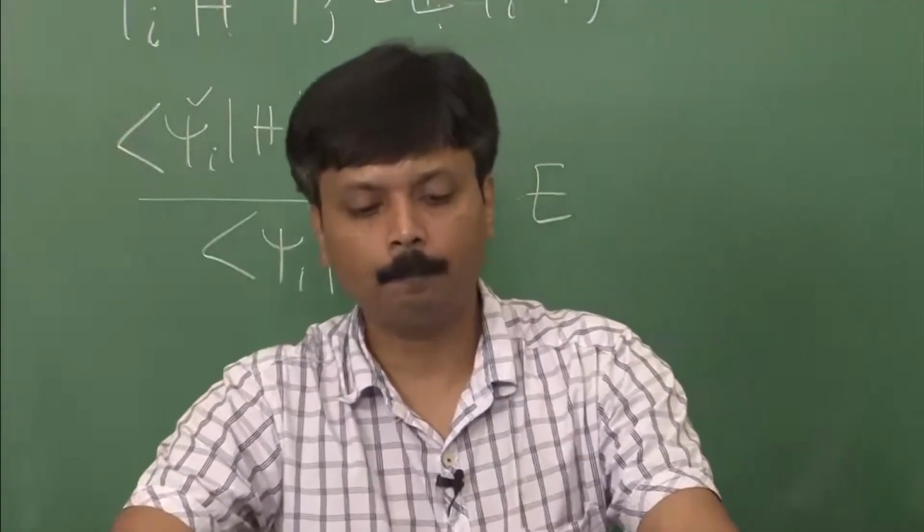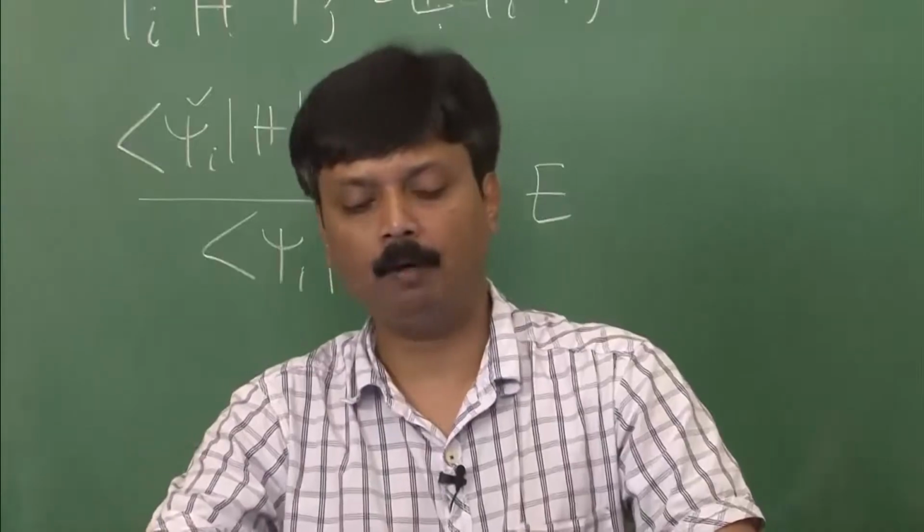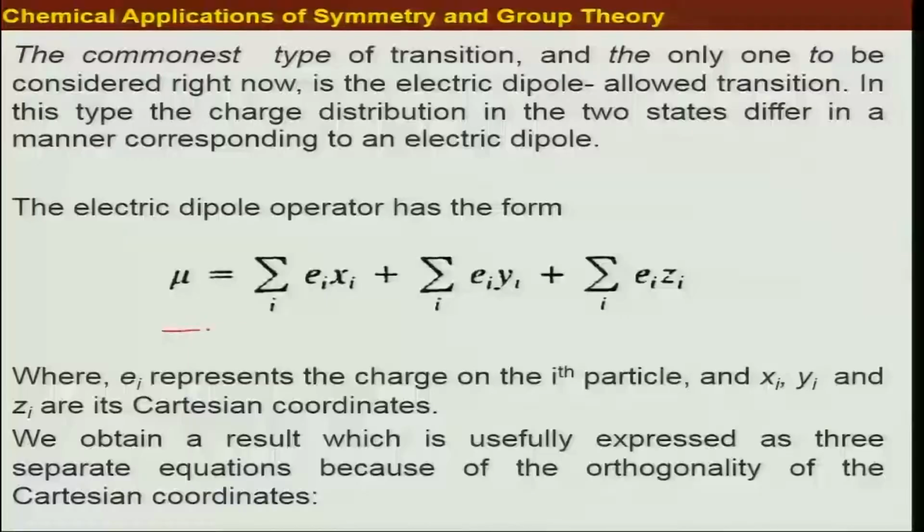So, mu will have the form as given here. Mu will be a dipole moment operator, and a dipole moment is given by the charge multiplied by the distance. For any given particle, the distance is quantified by three Cartesian coordinates, x, y, and z.